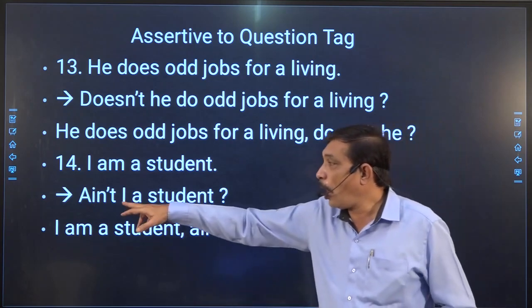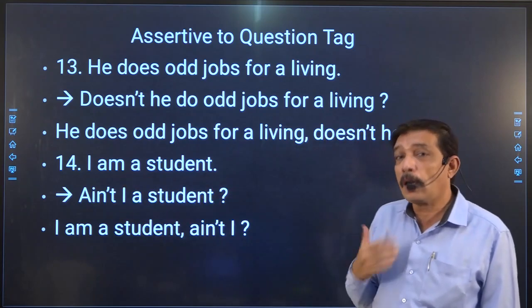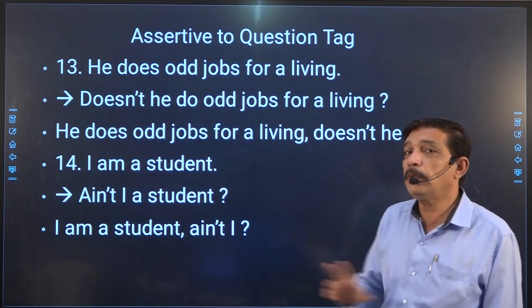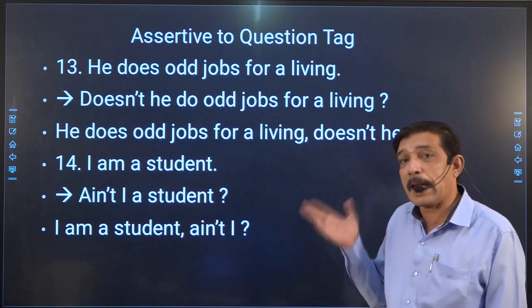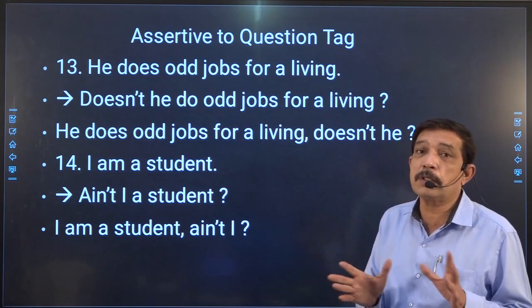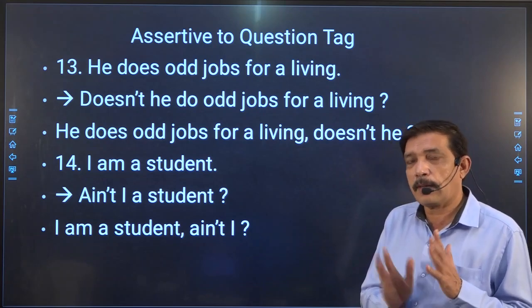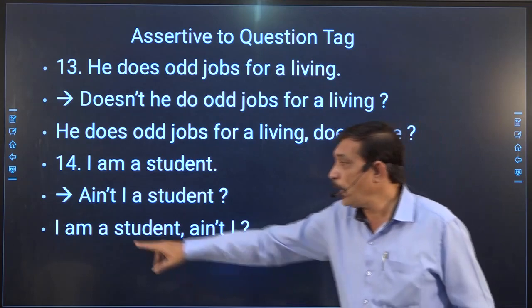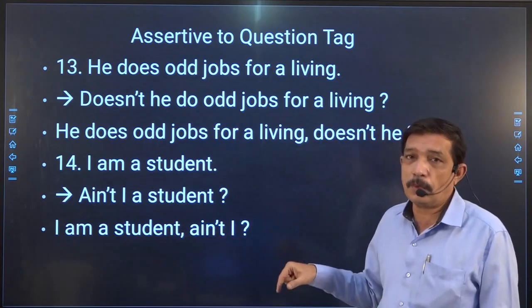So I am a student can also be aren't I, but usually we use ain't where we are using the singular, but that is also true. So don't get baffled if the option doesn't have ain't I, it has aren't I. That can also work, in rare cases, right? So I am a student, ain't I, aren't I, right? That also can work over here.